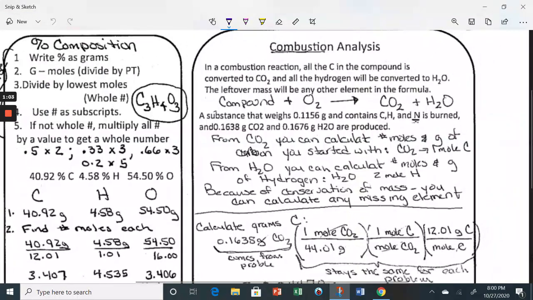So combustion itself is taking any, usually organic compound, carbon containing, you usually have hydrogen and oxygen in there. We don't do a lot with nitrogen combustion, so it's mostly C, H, and O that you're asked about at the AP level. When you go on in chemistry and you talk about reactions, then you do things that contain other elements besides carbon, hydrogen, and oxygen.